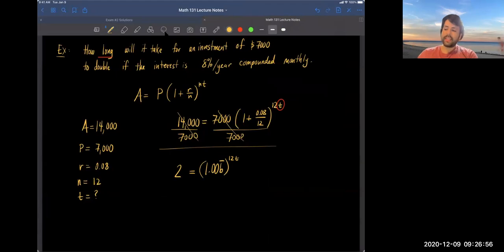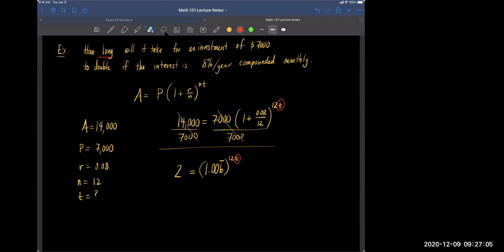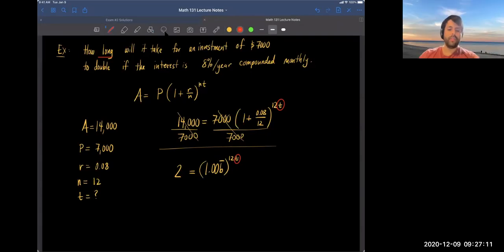Now, what's the next thing we have to do? The problem is t is an exponent, but I want to solve for t. So we use logs. Whenever you have a variable as an exponent, the way we solve for that variable is applying logs.